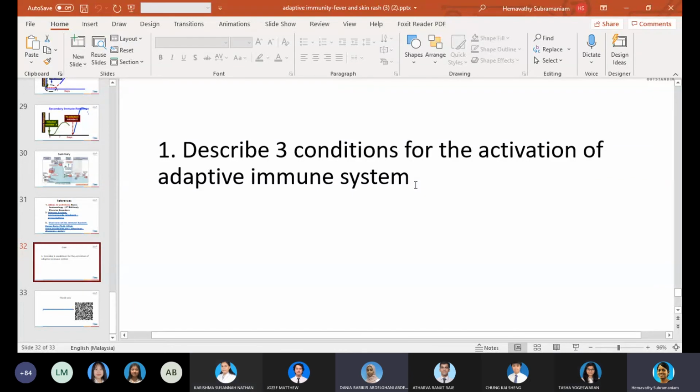The lymphocyte receptors need to recognize it. Okay. We need three conditions. Try to recall. The antigens need to be brought to lymph nodes or tissue, was it? Okay.